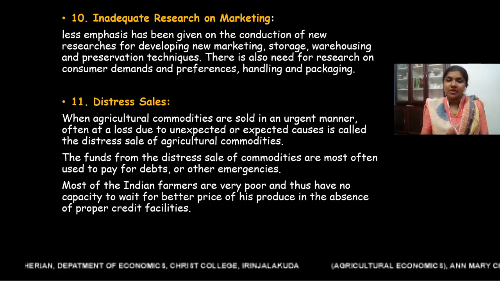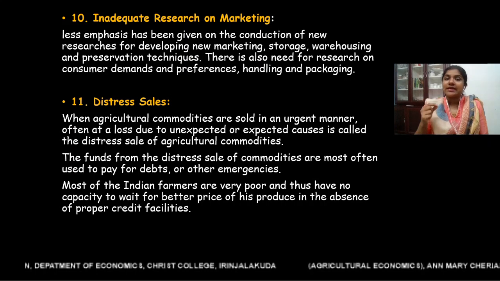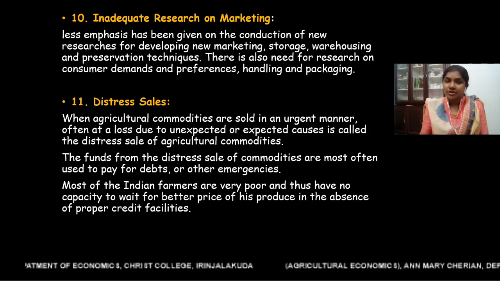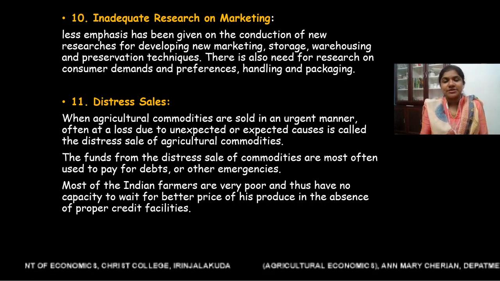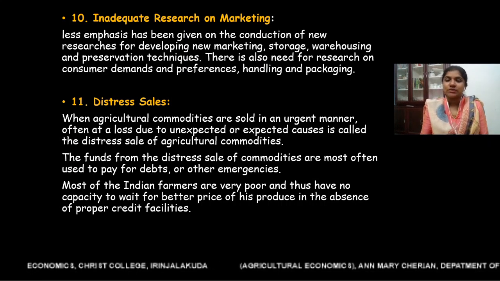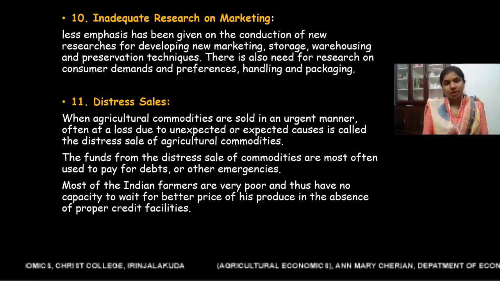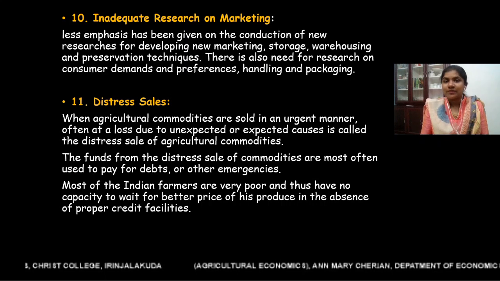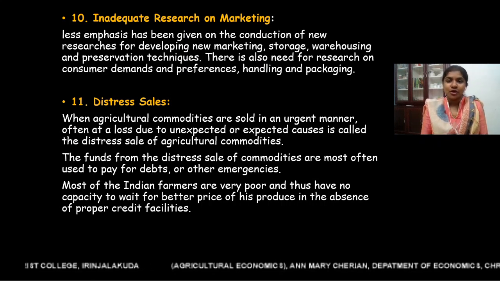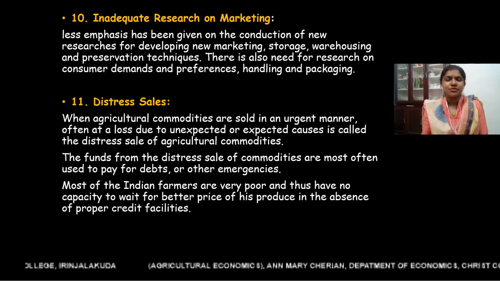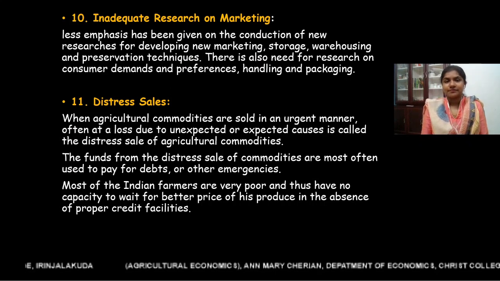When agricultural commodities are sold in an urgent manner, often at a loss due to unexpected or expected causes, it is called distress sale of agricultural commodities. So usually, distress sale is done to repay the debt.